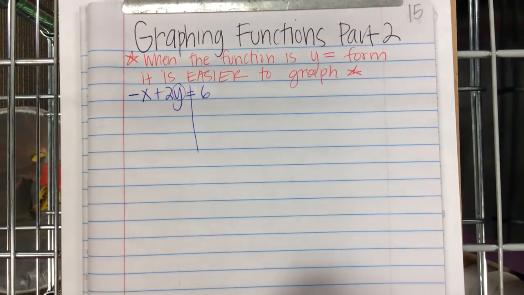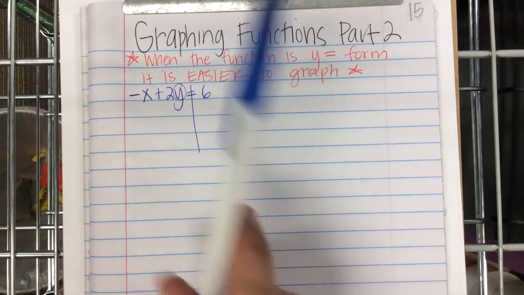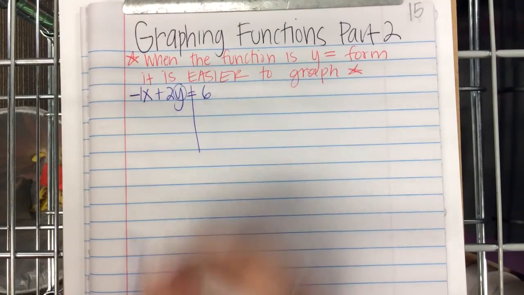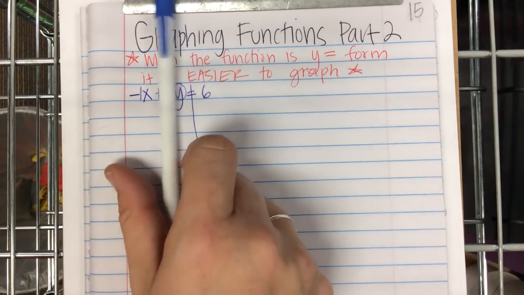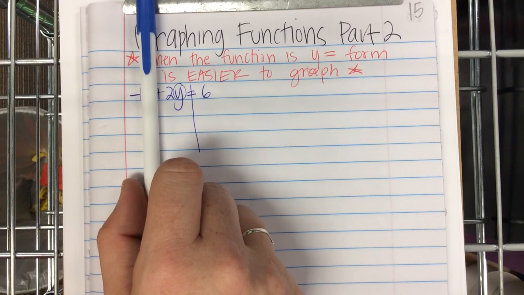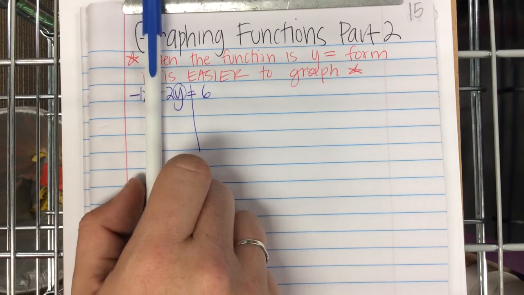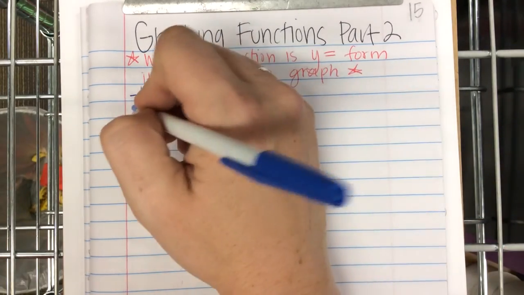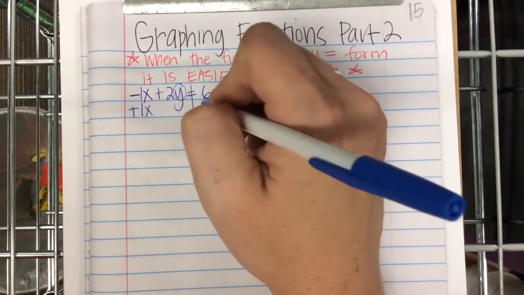Y is by itself. If I cover up the x, that's negative 1, correct? Negative 1x. If it was just negative 1 plus 2y, I'd get rid of that negative 1 first. The opposite or inverse of negative 1 is positive 1x.